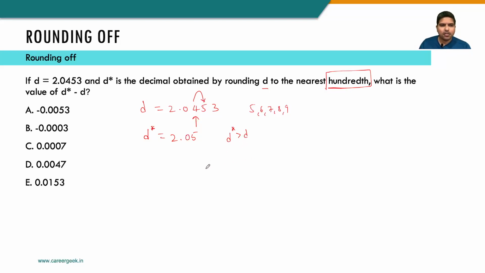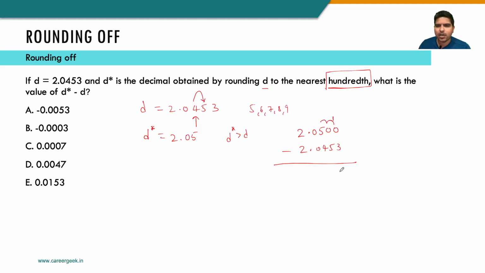So if I have to subtract D from D star, I have to subtract 2.0453 from 2.05. We have seen how to subtract decimals, right? You make sure that to the right of the decimal you have the same number of digits. For the first one I'll need to borrow 1.